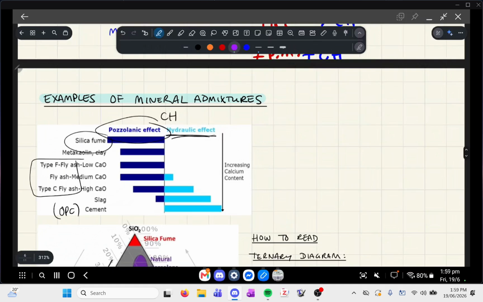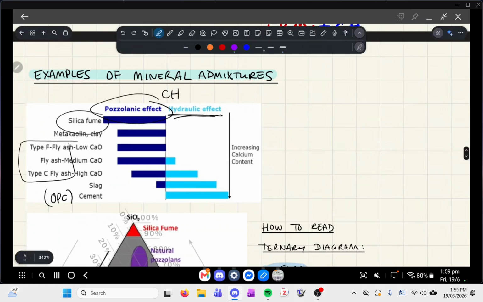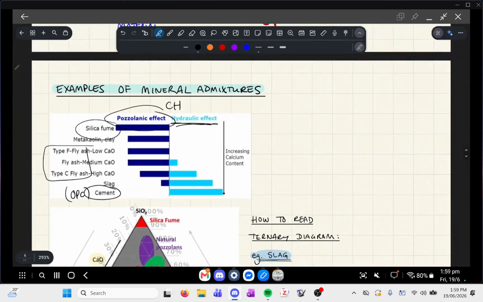Now, one thing I want to point out with this scale, since we've got this arrow here for increasing calcium content. The reason this is important is because if you remember, in the hydration of OPC, we produce a lot of carbon dioxide, okay? So a hydraulic effect implies a chemical reaction that produces a lot of carbon dioxide.